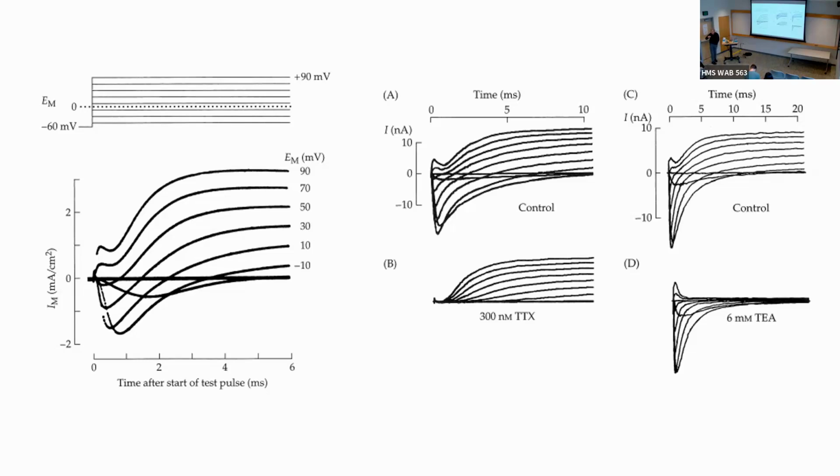But Hodgkin learned about this and then set up a system to do this. So this is the voltage clamp, where you can clamp the voltage across the membrane anywhere you want. You use a feedback circuit to do that, and then you can measure the currents that go through the membrane. And that was the key, because these conductances are voltage-dependent, and so by controlling the voltage, you can see exactly what they do.